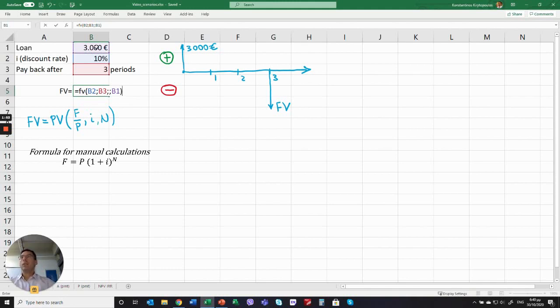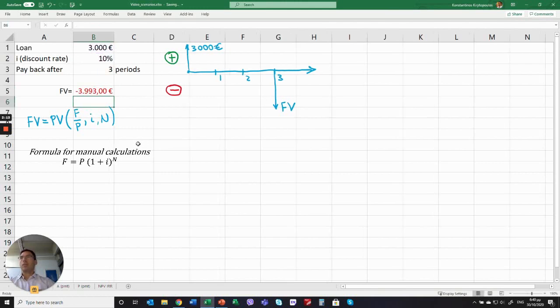This is the equivalent to the theoretical formula, which is future value equals present value times the coefficient F over P, i, n, where i stands for discount rate and n stands for the number of periods that you're going to transfer the value. So if I press enter, this is the value that I will get.